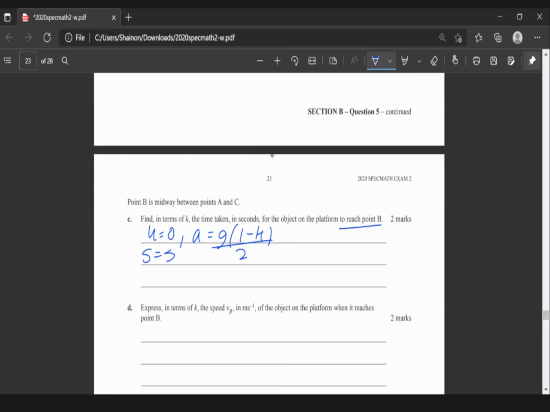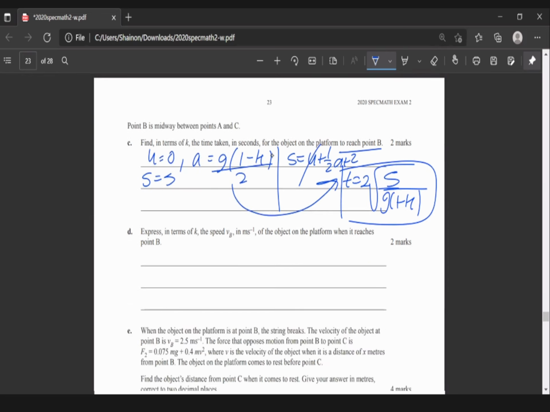Using SUVAT, s equals ut plus half at squared, and u equals 0, so that cancels out. We sub in a here. This is going to be complex, so you can use CAS to solve for it. I got t equals 2 root 5 over g(1 minus k).